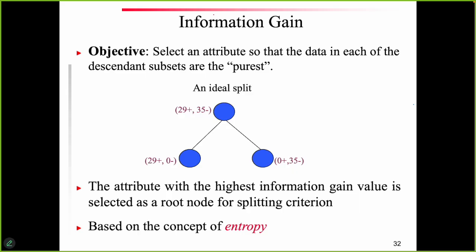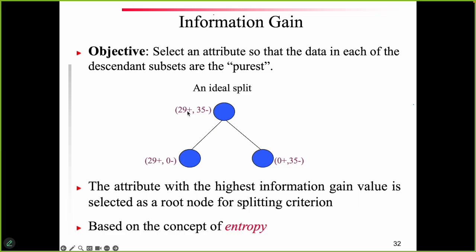Okay, so what is information gain? The goal is to split in a way that your resulting subsets are as pure as possible. By pure, I mean mostly one class, and ideally all cases belonging to one class. So this is an ideal split, right?